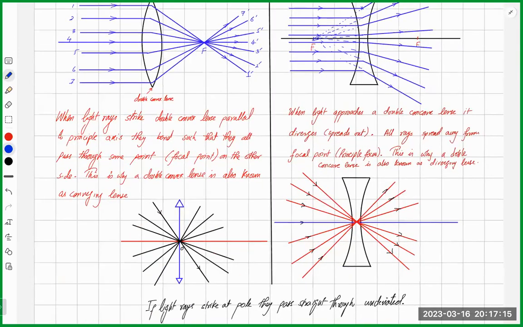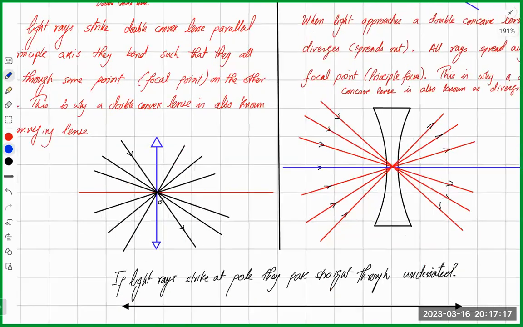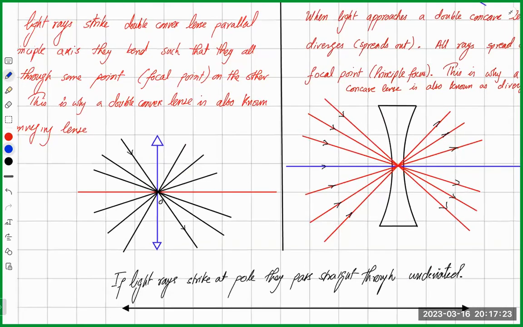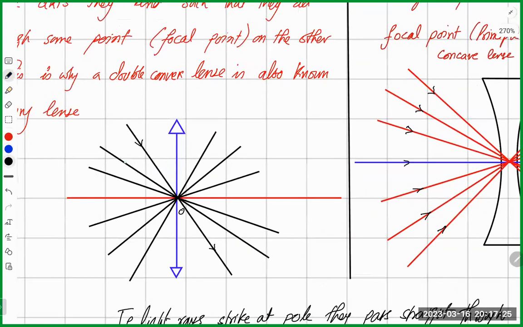Now, for both of the lenses, if a light ray is striking its pole, by pole I mean the center point, the light ray will pass straight through, undeviated. On your PDF, if these arrows are missing, please put them over there.